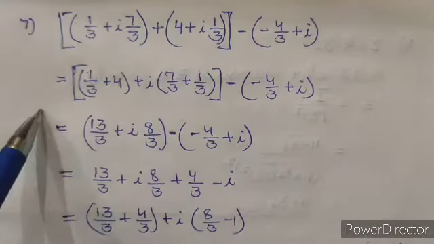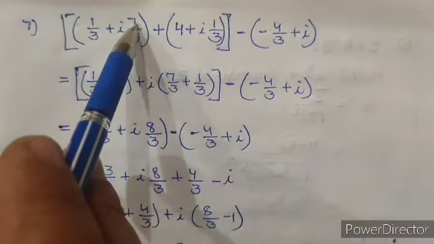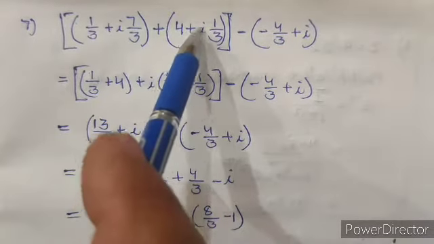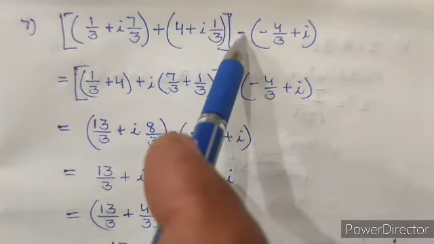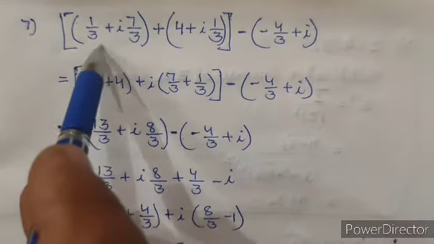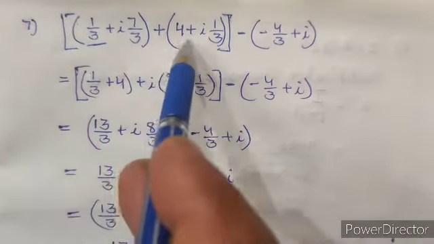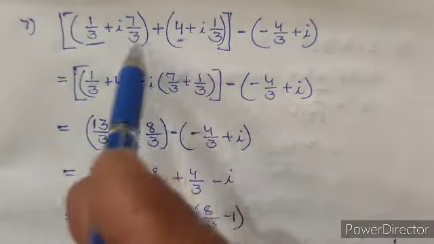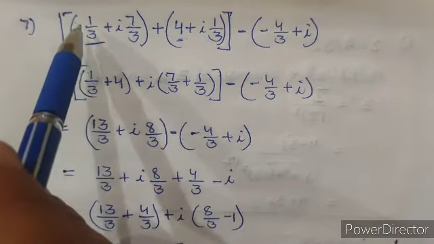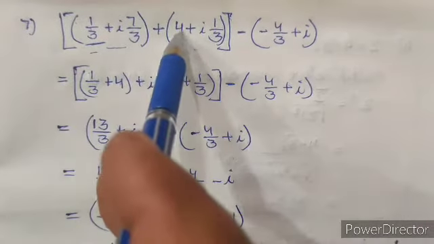Now, in question number 7, we have to find the value of 1 upon 3 plus i 7 by 3, plus 4 plus i 1 by 3, minus minus 4 by 3 plus i. Now here we will add the real parts and the imaginary parts separately. Now here real part is 1 upon 3, and in the second one real part is 4.